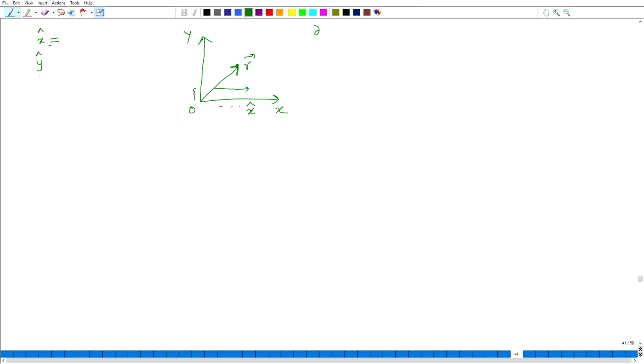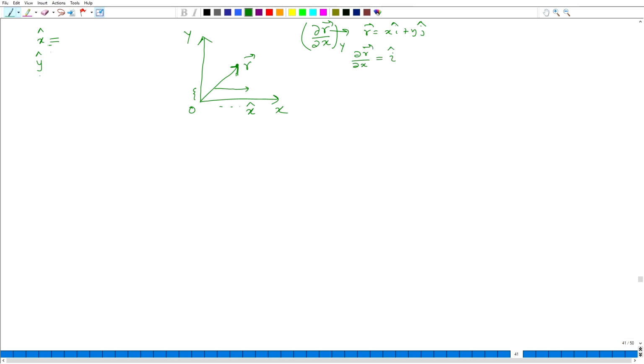This is nothing but del r del x, because that is exactly the meaning of del r del x, where y is kept constant. Now, what is the definition of r? r is x i cap plus y j cap. What is del r del x then? It is simply i cap.